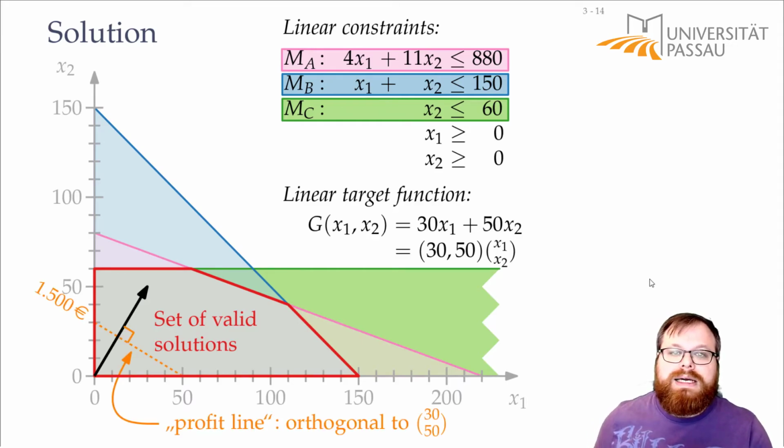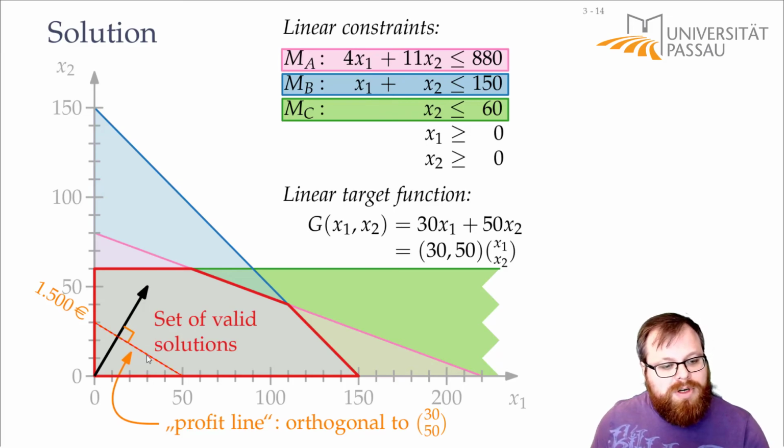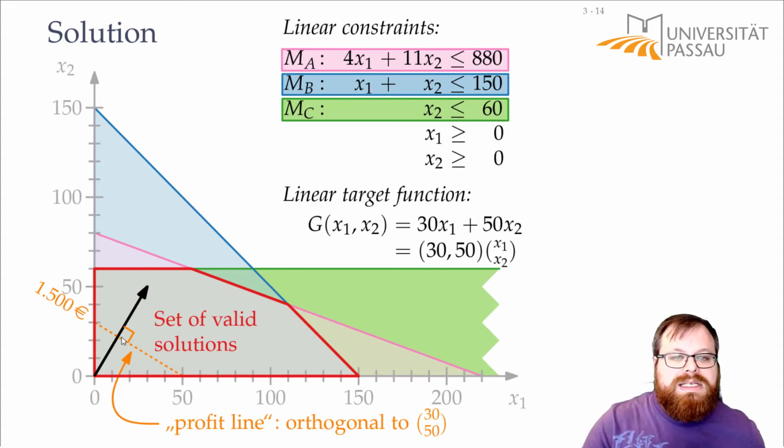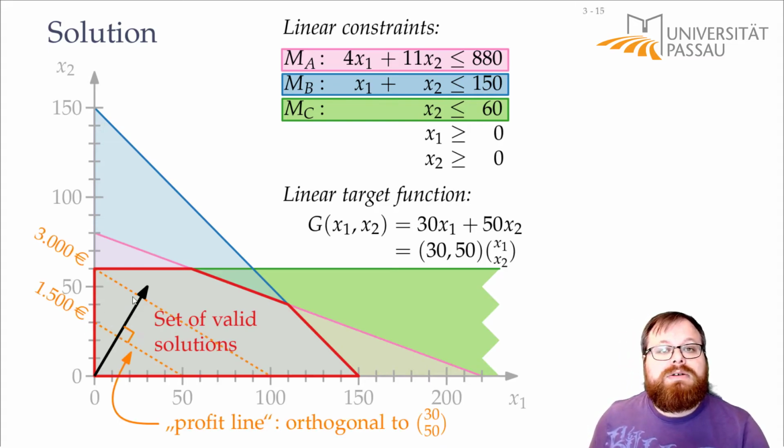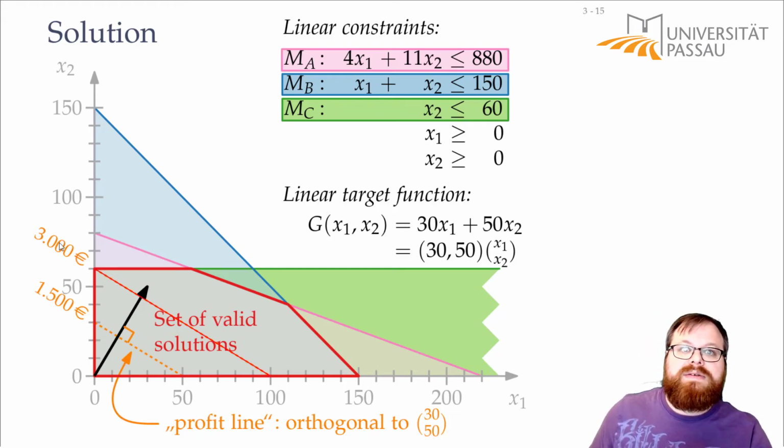This is the profit line. All the points that lie on this line give us a profit of 1,500 euros. If we move this line along the target function vector, the profit will increase. If we're here on this segment, all the points give us a profit of 3,000 euros.